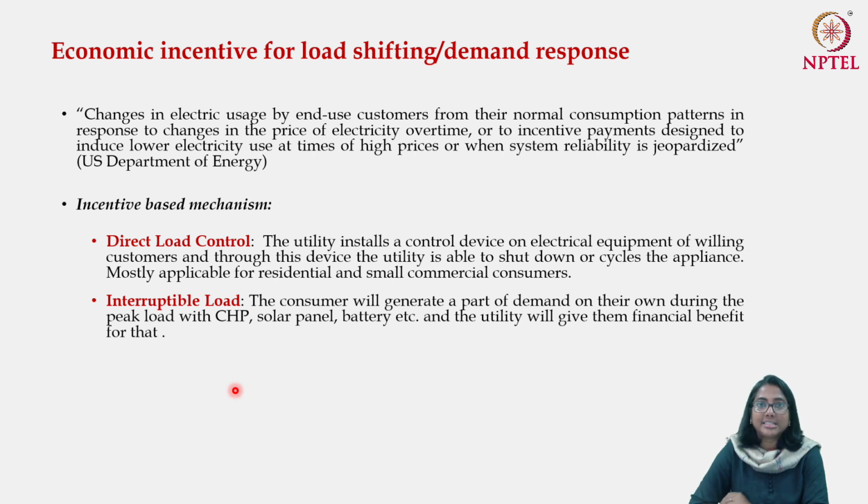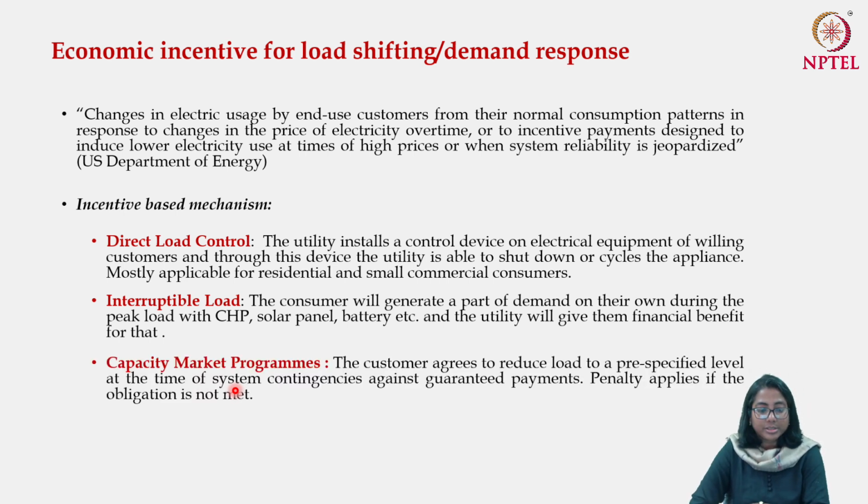This is a very good example of how you integrate the behavior of the consumer as a part of the whole electricity network, so it becomes an integrated decision making system. However, when you enter into an agreement with the utilities and say that, okay, I'm going to support X amount of my peak load through my own generation, then you receive some financial benefit from the utilities.